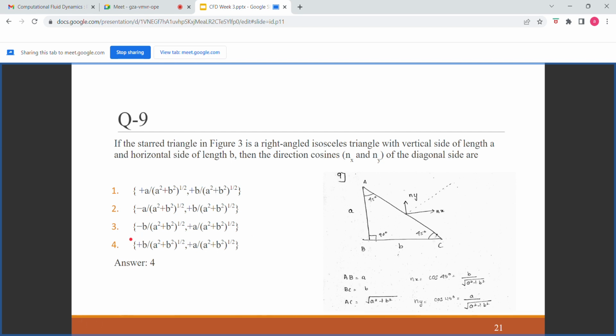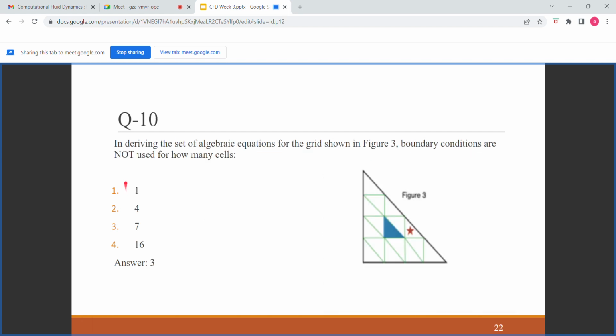We'll move on to question 10. In deriving the set of algebraic equations for the grid shown in figure 3, boundary conditions are not used for how many cells? So we are deriving a set of algebraic equations for the grid shown in figure 3.